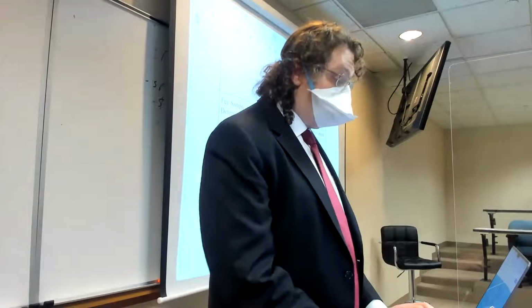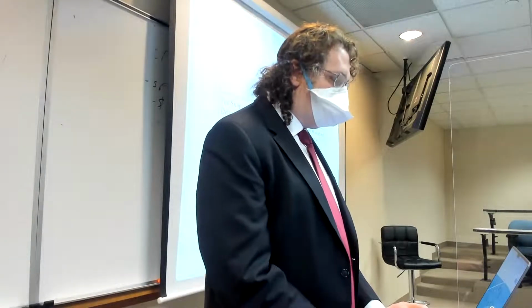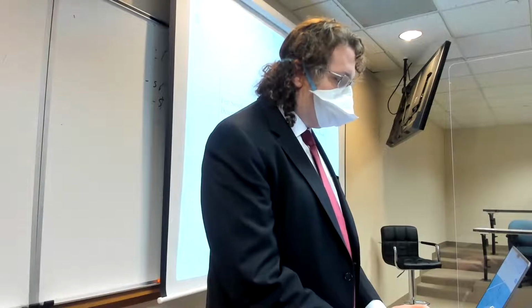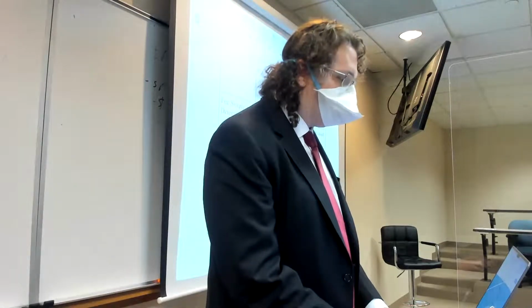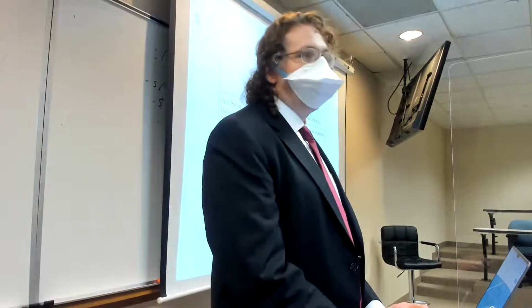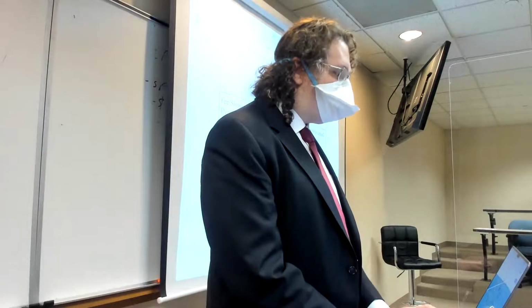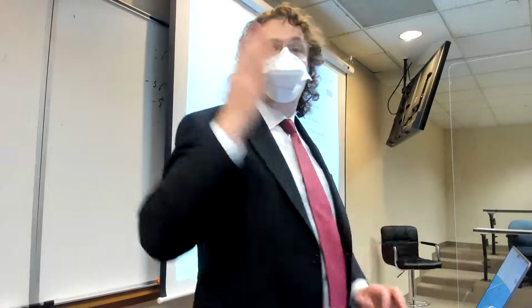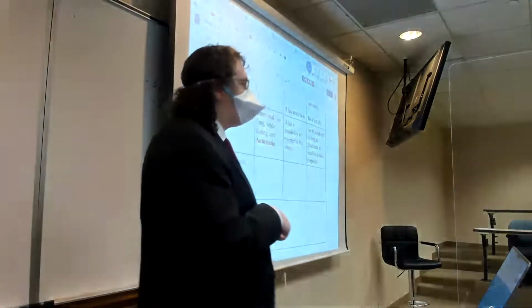Okay, and how do you know it's a fee simple determinable? The language uses durational words: so long as, while, during, until. Critically, the possibility of reverter is automatic. It cuts right away. There's no need to go to court.